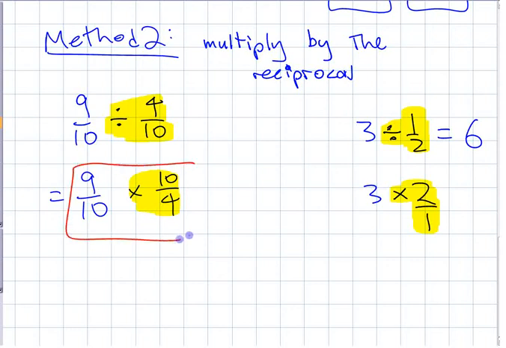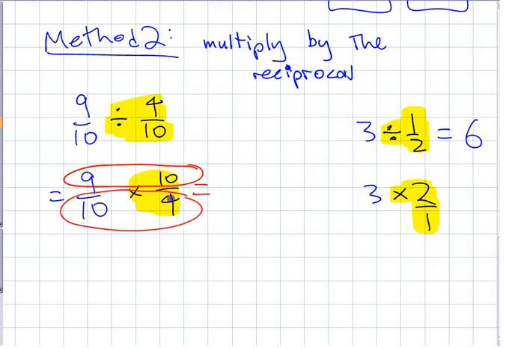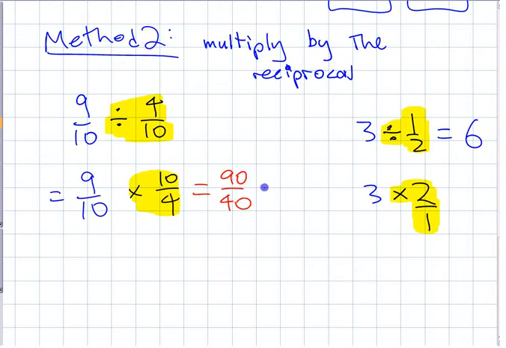If I want to multiply these two fractions, do you remember how you multiply two fractions? This was the easiest one, right? You multiply the top numbers, and what do you do with the bottom numbers? Multiply. You multiply the top, you multiply the bottom. 90 over 40. What's that the same as? 90 over 40, what's that in lowest terms? 2 and 10 over 40.